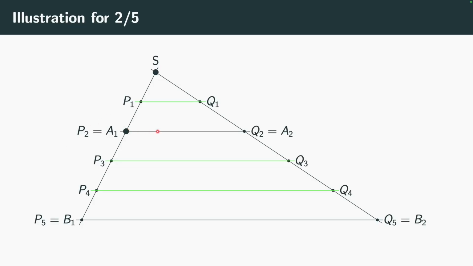So these are the lines that are parallel to A1, A2. And they intersect on the right here in points Q1, Q2, Q3, Q4, and Q5. Now the next thing I do is I make these oblique parallel lines. So I put lines that are parallel here to the line SB2, but incident to P1, P2, which is A1, P3, P4.